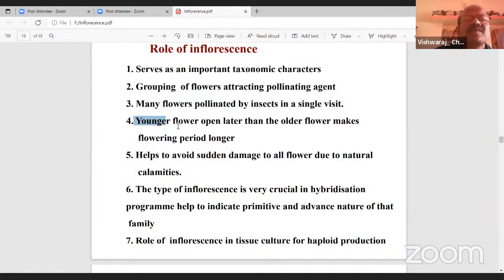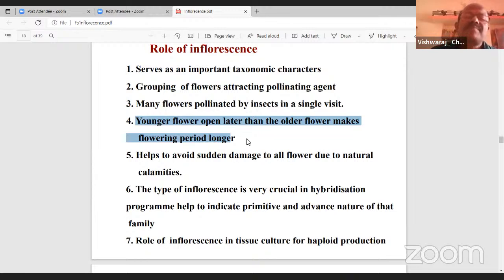Fourth, younger flowers open later than the older flowers, making the flowering period longer.